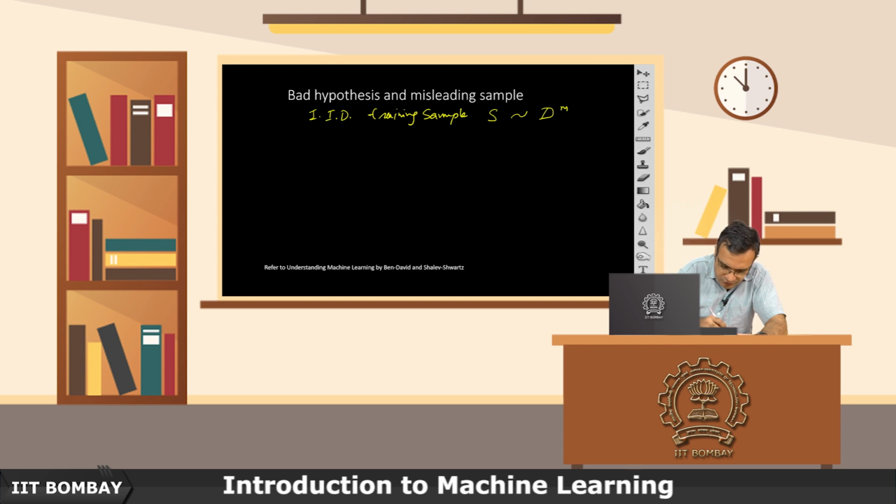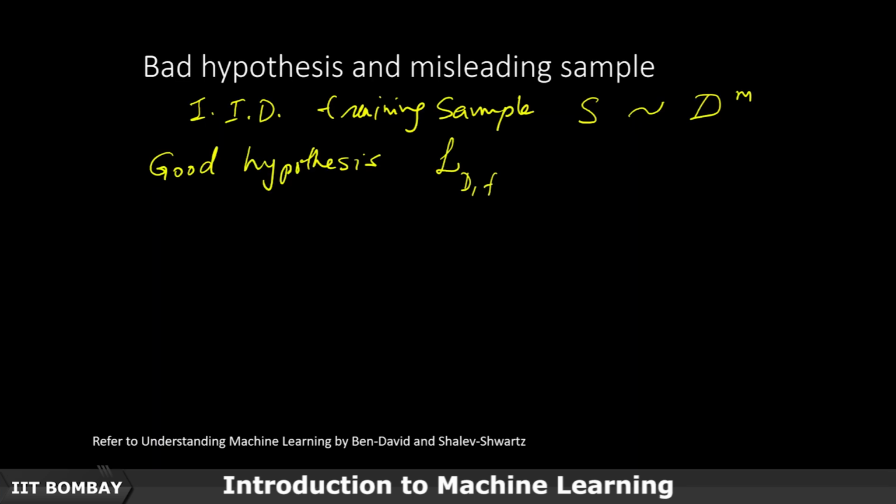So what is a bad hypothesis and what is a good hypothesis? Let's give a definition of that. A good hypothesis is such that if I take this loss over D and f, and I have a hypothesis h, then this is going to give me an error or a loss that is less than epsilon, some threshold epsilon. We have not defined this loss function.